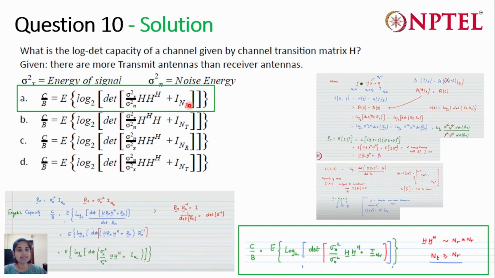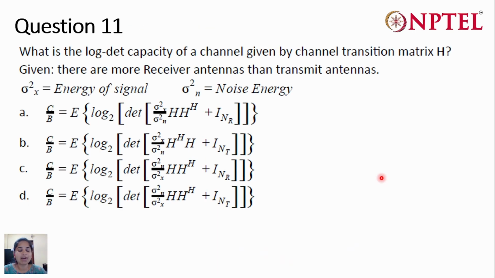So the basic thing is we have the number of transmit antennas greater than the number of receive antennas, and here the determinant will thus be limited by nr. Now if you have to find the same thing with more receive antennas than transmit antennas, how is it going to change?